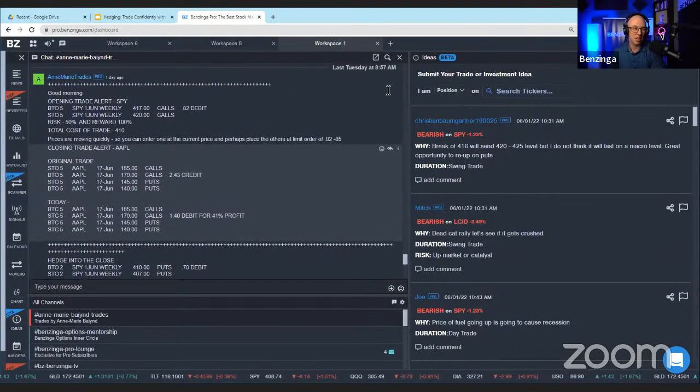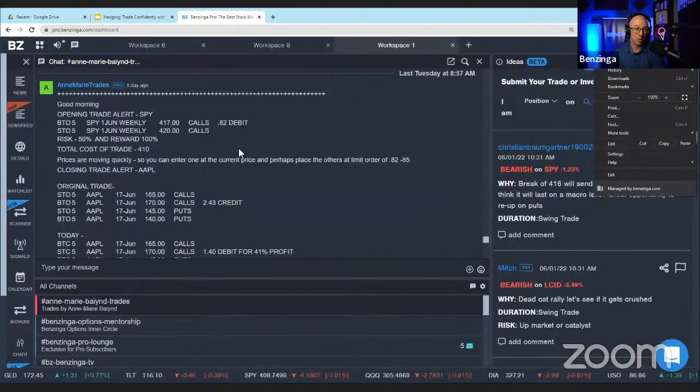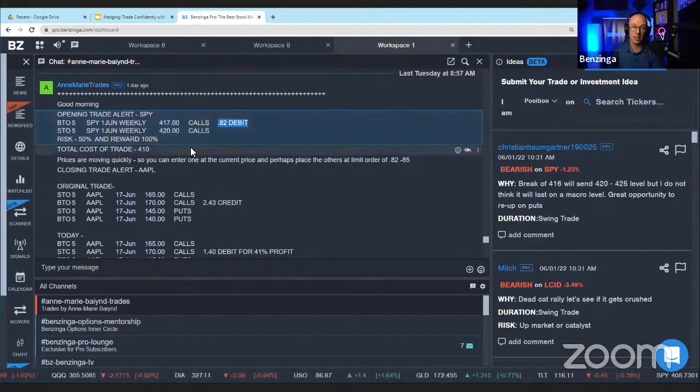But anyways, you can see here that she was posting a trade earlier. When was this? One day ago. Opening trade alert on the SPY. BTO means buy to open. STO means sell to open. She gives you the expiration and the strike prices. She tells you how much it's going to cost or how much you are receiving to your account. If you're paying money, that's debit. If you're receiving money, that's credit.